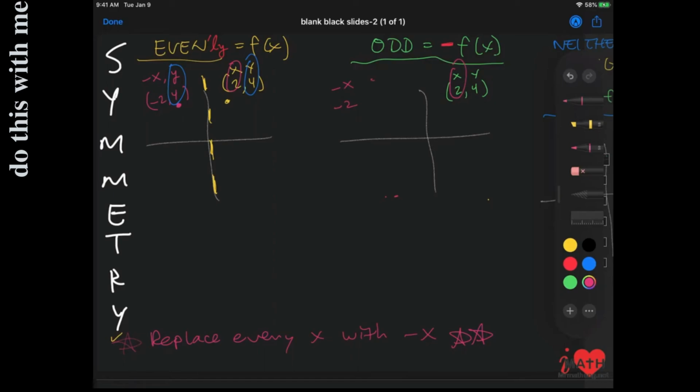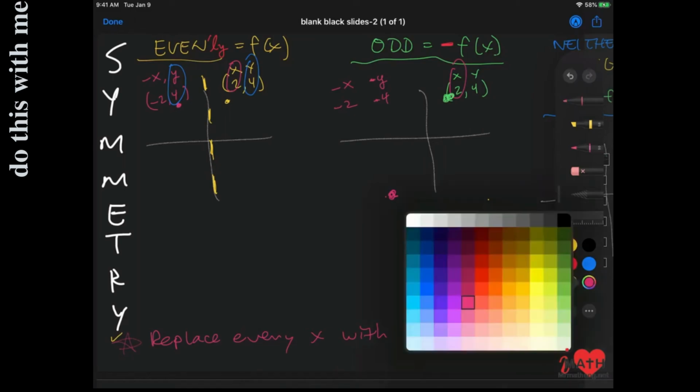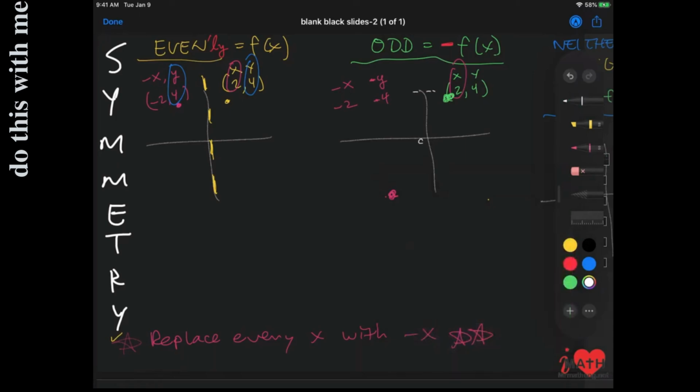So the opposite of y would be a negative 4, because y is positive 4, the opposite of negative 4. So if I graph that negative 2, negative 4, you get an ordered pair down here. And that is odd because it is symmetrical about the origin, right? It's rotated 180 degrees. Here is 90, and then this is another 90 degrees in this direction.